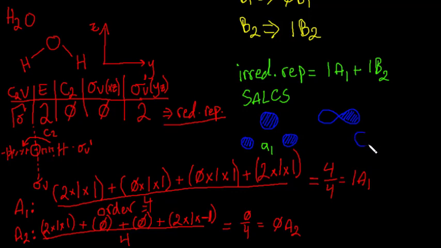And so in this case here, the bonding orbital in such case would be shaded on the right hand side and not shaded on the left hand side. And this right here would be your B2 bonding orbital, and this right here is the linear combination for this B2 orbital.